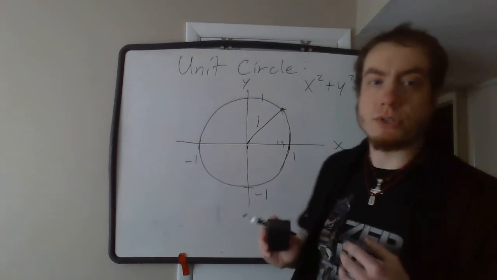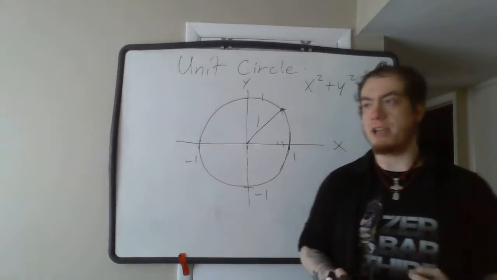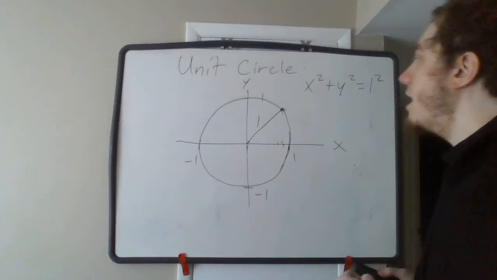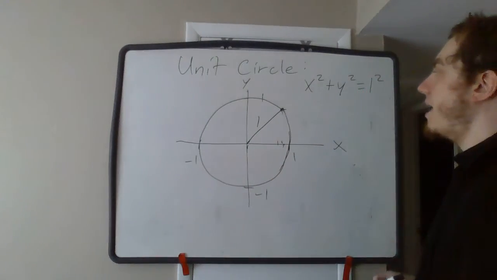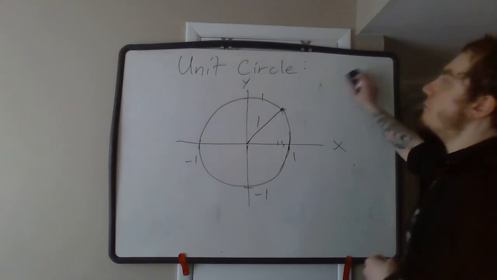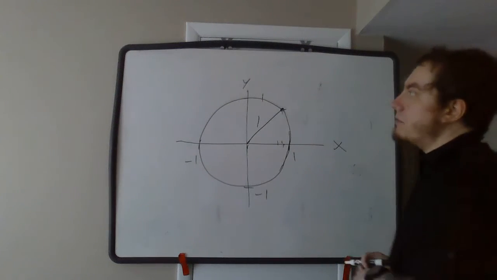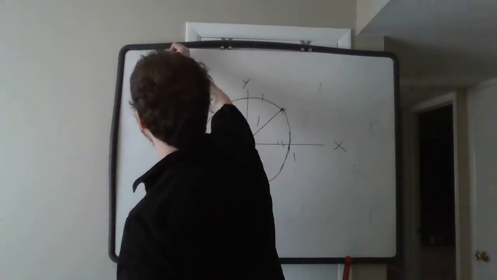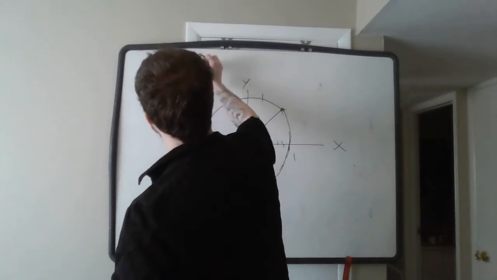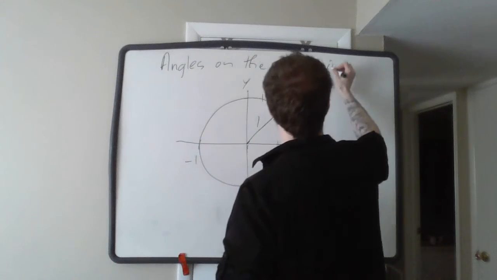It turns out that the unit circle is going to be the way that we want to define these functions called trigonometric functions. But before we get to that, we need to say a few things about angles and the unit circle. So let me leave this picture of the unit circle up here, and let's talk about the standard definition of angles on the unit circle.